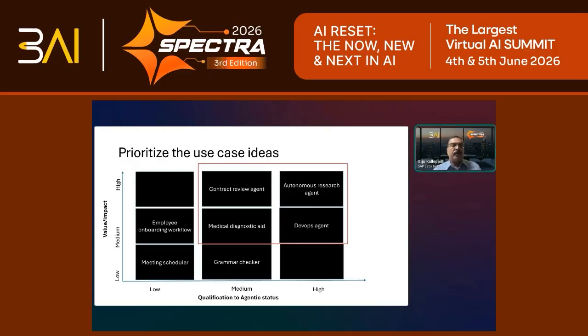I hope you have got an idea, right from listing down the use cases for agenticness, then prioritizing based on the parameters, degree of agenticness and value and impact, plotting it in a graph, and finally choosing the right candidate for optimizing the agentic behavior for the organization.